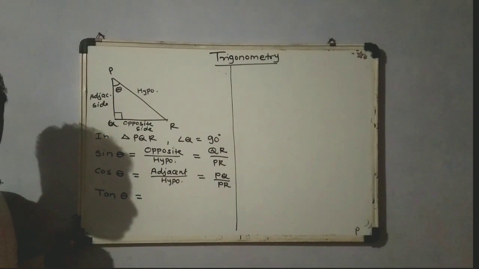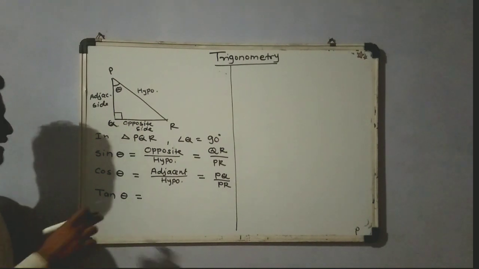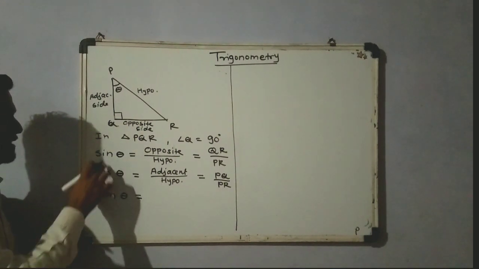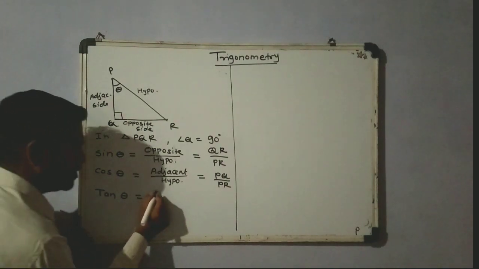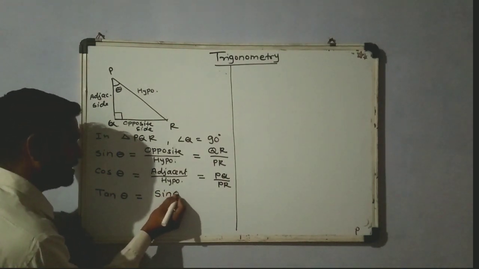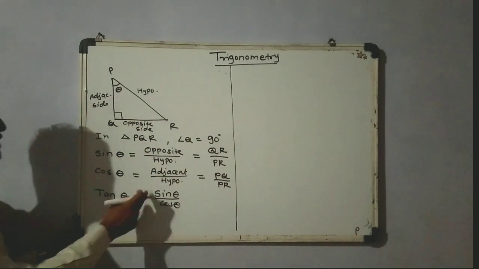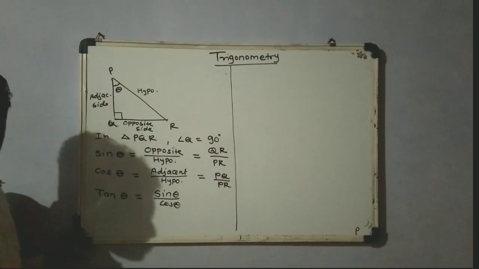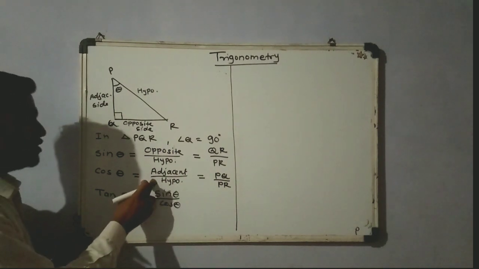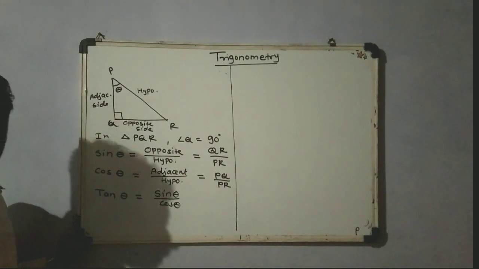One most important thing about tan theta is that it is nothing but sine theta divided by cos theta. So in this case, what is sine theta? It is nothing but opposite side upon hypotenuse. What is cos theta? It is nothing but adjacent side upon hypotenuse.